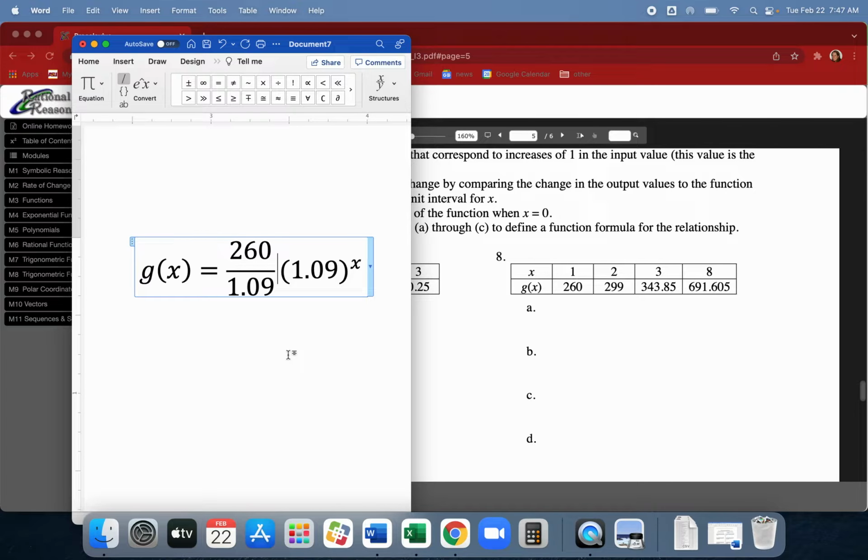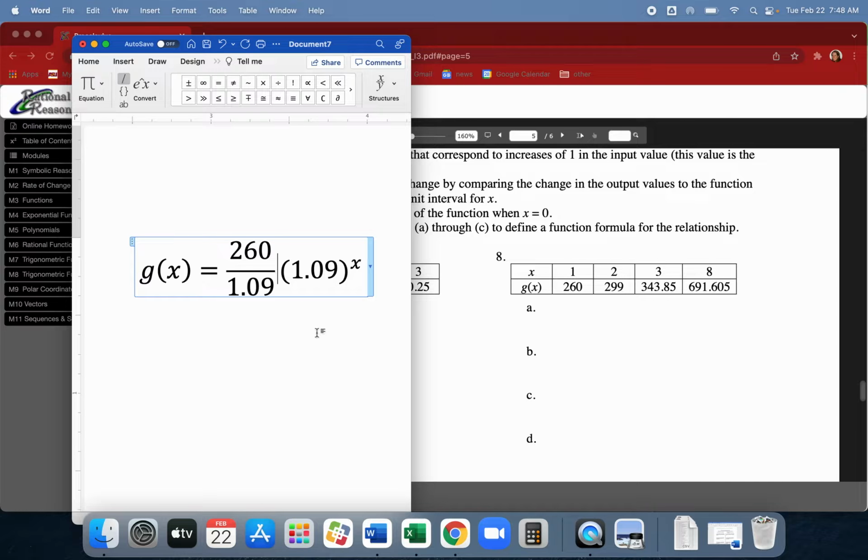This is something that you do with linear functions much more easily, like point slope form. We don't have the beginning, we just have some other random point. If you look at this, notice that 1.09 is in this expression twice. Once to the x power and once in the denominator to the first power.